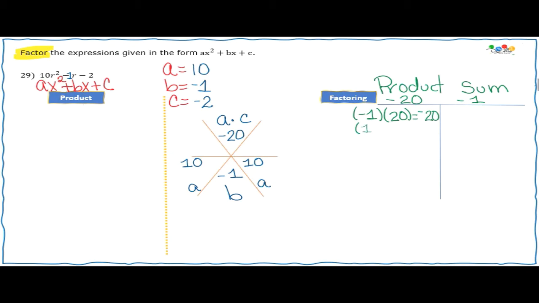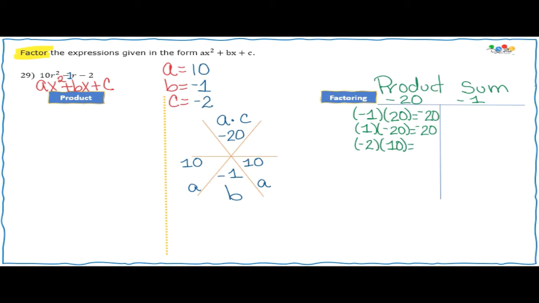Yes, I get a negative 20. I can do the same factors, but now 20 is the one with negative sign. And I do get a negative 20, right? What about 2? Can I find a number that I multiply by 2 that will give me a negative 20? Yes, negative 2 times 10.